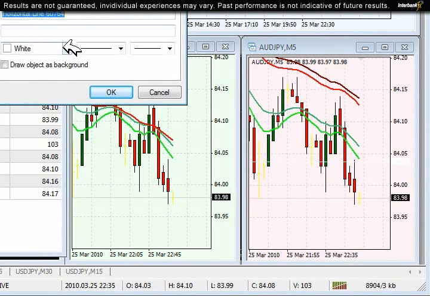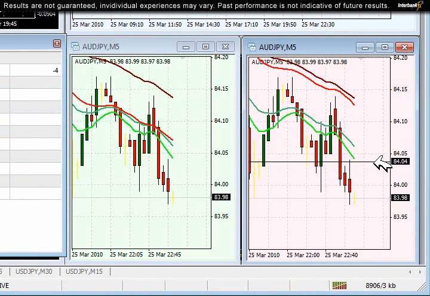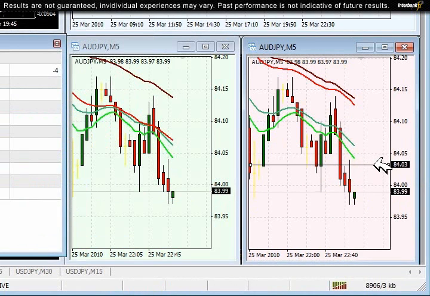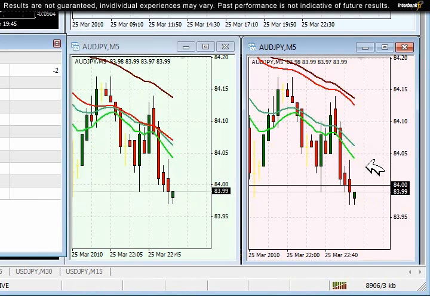Let me show you here. So I've got this 84.00, which could be resistance factored in. I know that the resistance below and above the 84 could be as low as 83.95 and as high as 84.05.